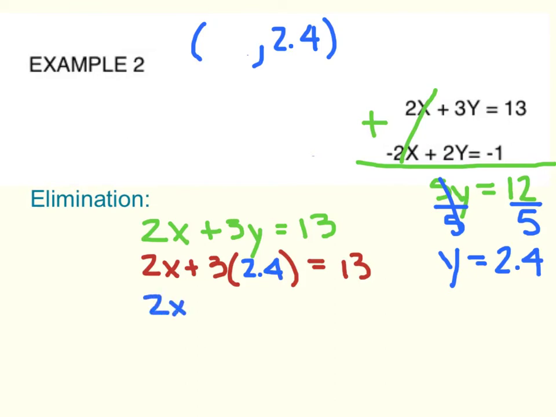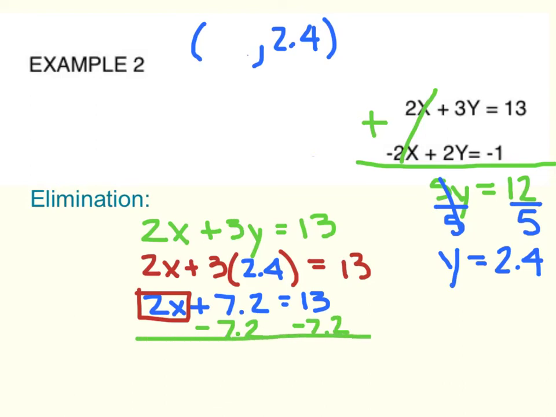So let's solve. 2x plus, well, what is 3 times 2.4? It is 7.2 equals 13. Then I'm going to box my variable, which is 2x. I'm going to subtract what's next to my box by subtracting 7.2 to both sides. Let's see, I bring down my box.